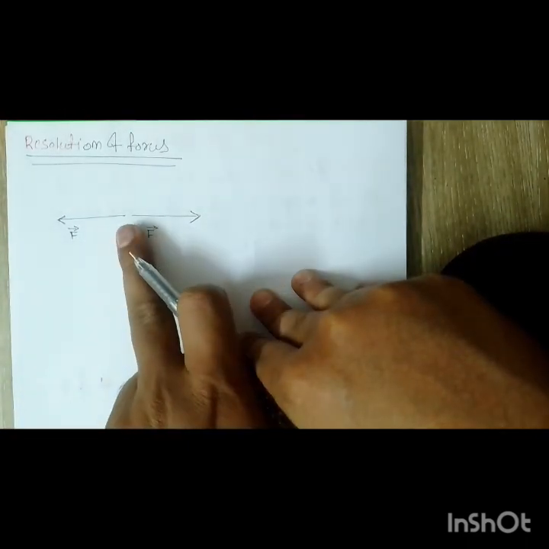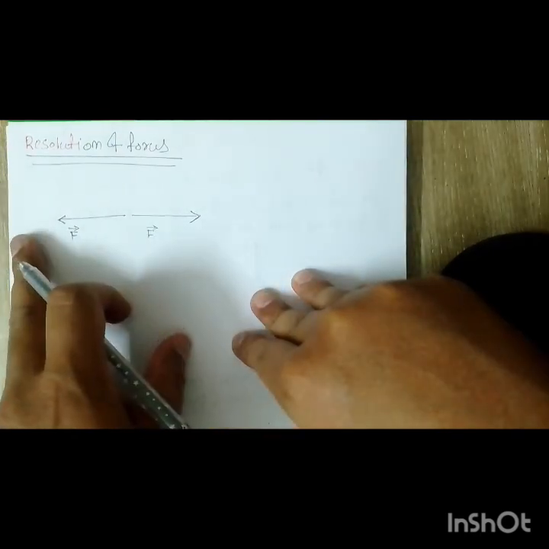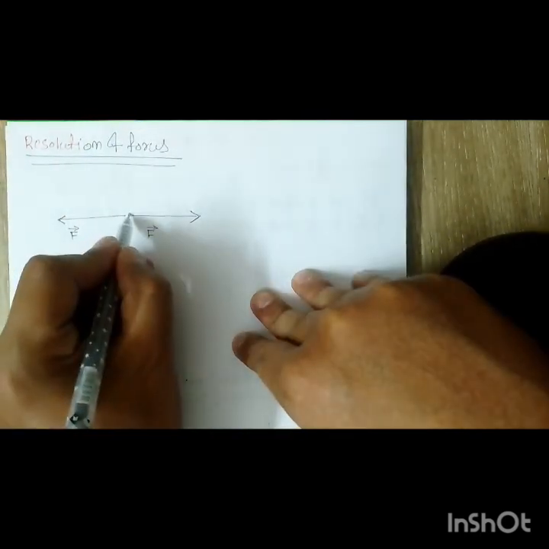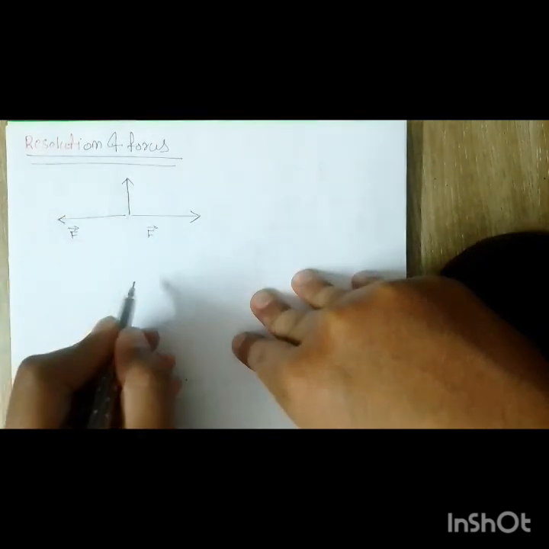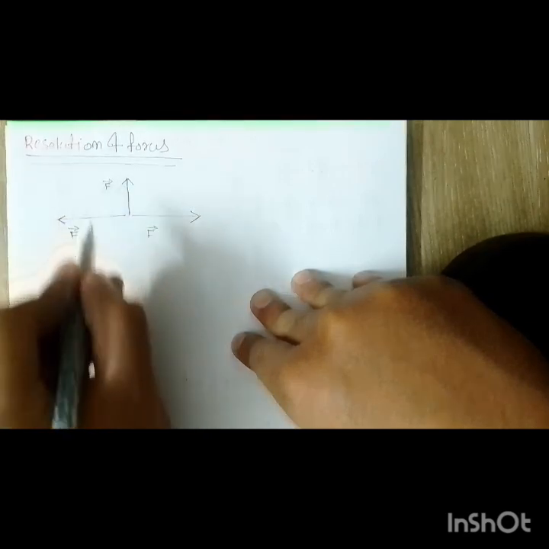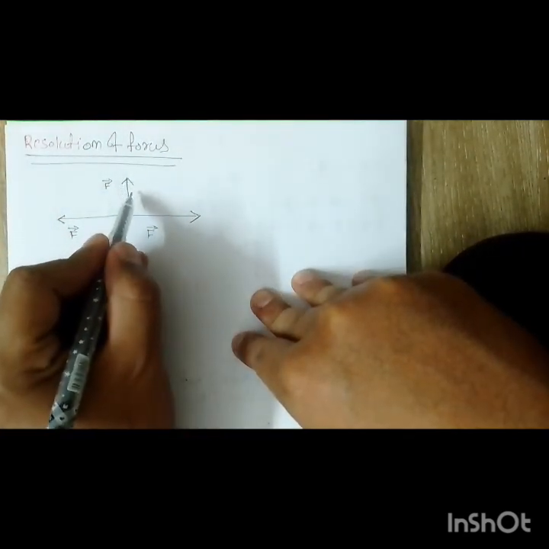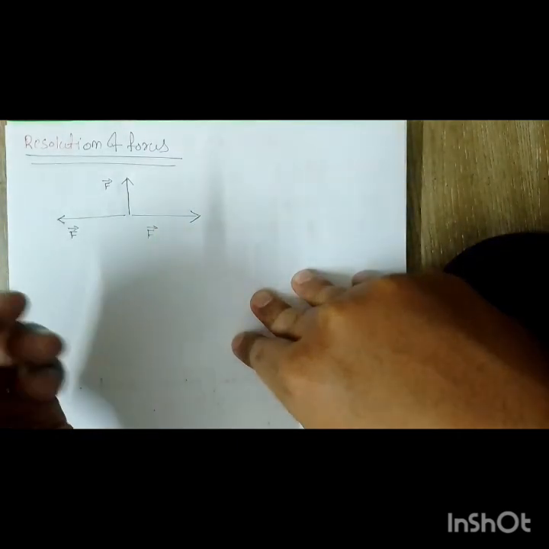How is it acting? This force is acting towards the left, horizontal. Now if the force is like this, and let's say the magnitude of this force is also F, you can use P also, no problem. This is acting vertically up.